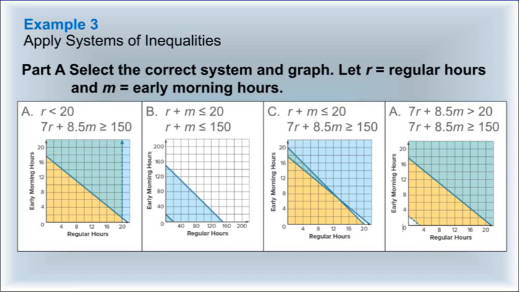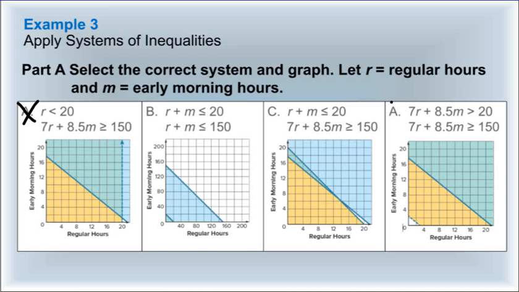So the total amount of hours at maximum is 20 hours a week. So at most 20 hours. So it cannot be more than 20 hours. That means your regular and your morning hours, that eliminates A because that just tells us the regular is less than 20.